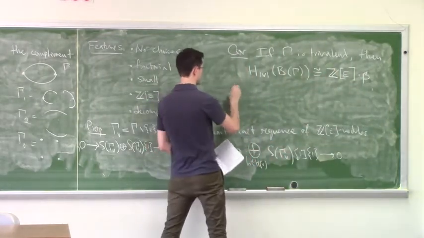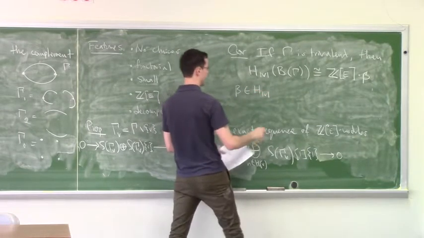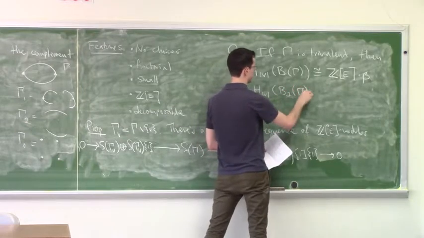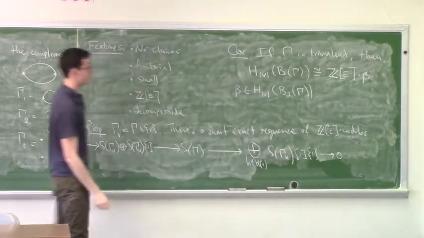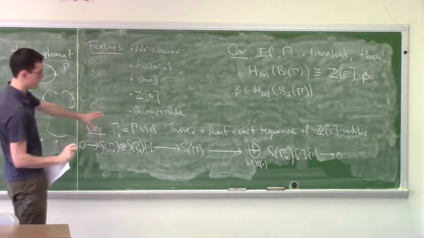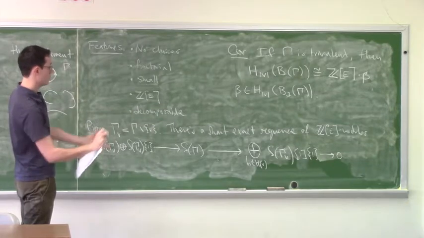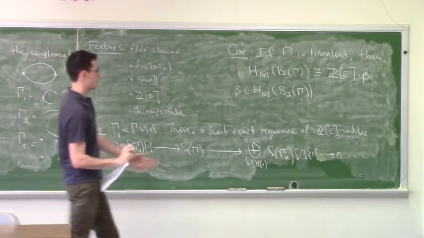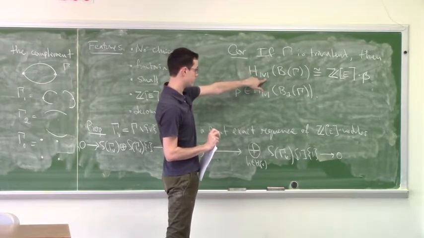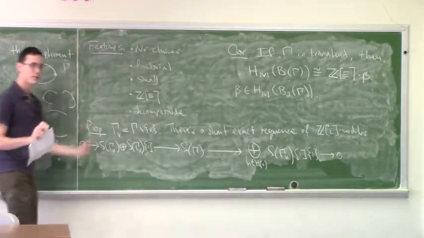Beta is explicit, but I won't tell you what it is. It's some class in the degree V homology of the configuration space of 2 points in gamma. So that's the kind of computation that you can do. You can imagine that since you're computing homology of degree the number of vertices, there's an inductive argument that involves removing vertices from the graph.